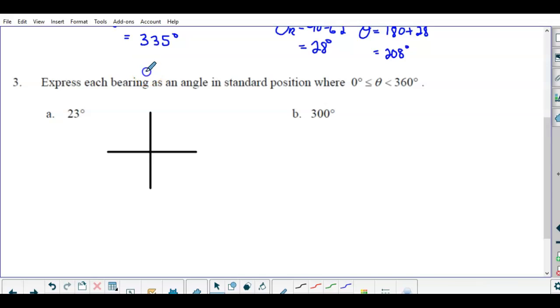So it starts from the positive y-axis, and it rotates clockwise.